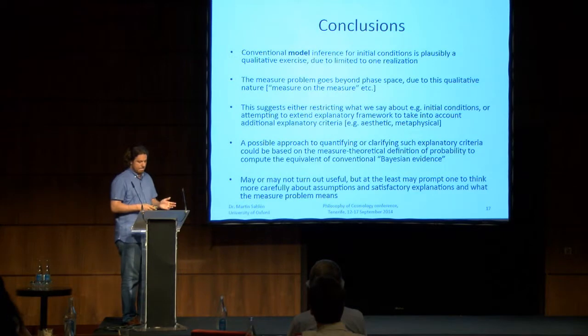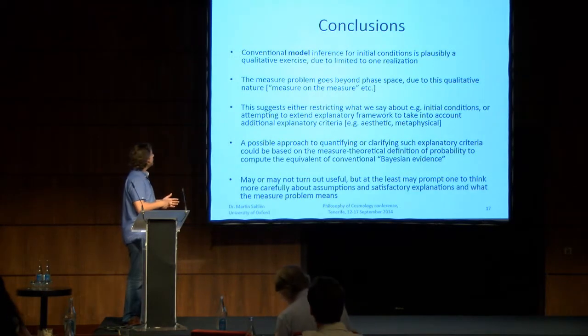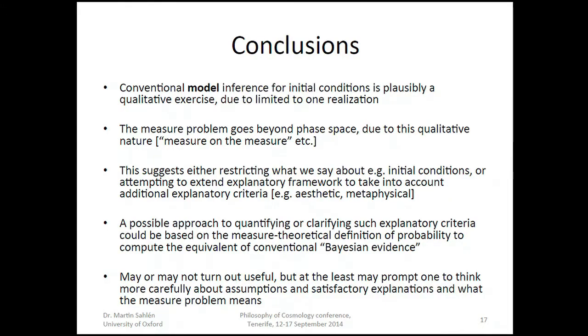Right, so to summarize, really, what I propose is that the conventional model inference for initial conditions in such higher order questions is plausibly a qualitative exercise to at least a good degree, given the fact that we have this one universe problem.